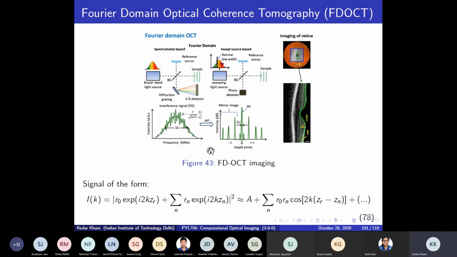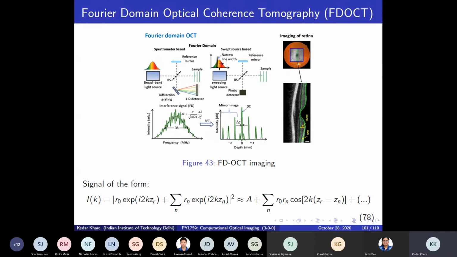The signal you get on the spectrometer looks something like this, a function of k, and so also a function of frequency of light. After processing the signal, you get peaks at locations ZR minus Zn, so you can get the peak locations, and the height of these peaks tells you something about the reflectivity.